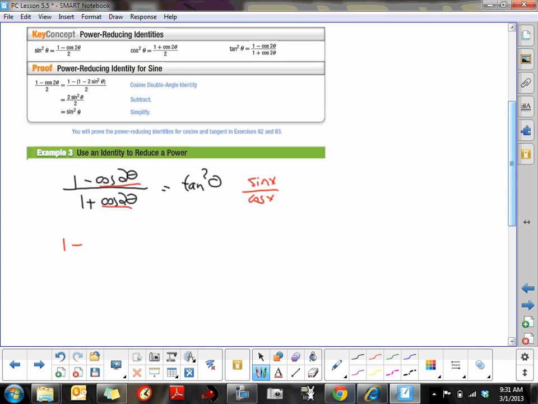So it's 1 minus, and now here comes the replacement: cosine of 2 theta is equivalent to 1 minus 2 sine squared of theta, over 1 plus. I want sines over cosines, so in this one I want to replace this double angle with the cosine version of it, which is 2 cosine squared of theta, then minus 1. We want to show that this is going to end up being tangent squared of theta.